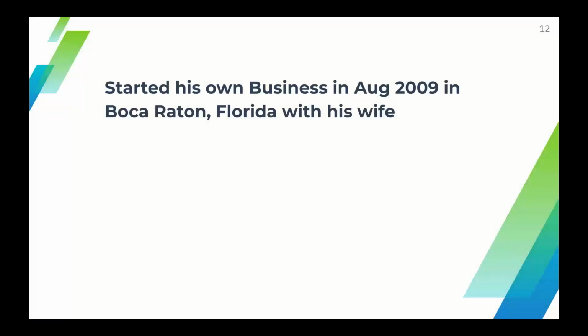I started in 2009 in Boca Raton. When you grow up, I had three stupid wishes where I wanted to succeed in life. One was having a BMW, one was building my own house, and one was having my own business.